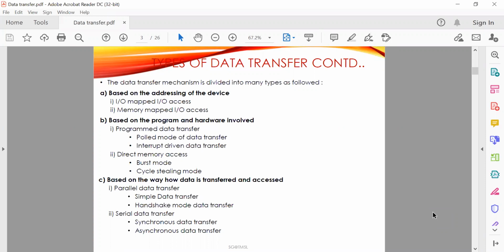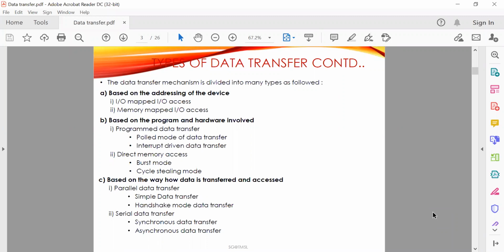In memory mapped IO technique, each input output device is treated like a memory location, where the same control signals are used for IO device read write operation and for memory access operation. Here each input and output device is identified by a unique address in the memory address range. So all the memory related instructions that are used to read data from memory are used to access input and output devices.